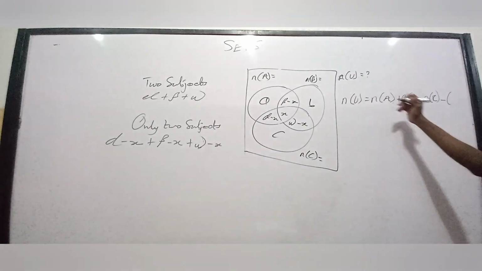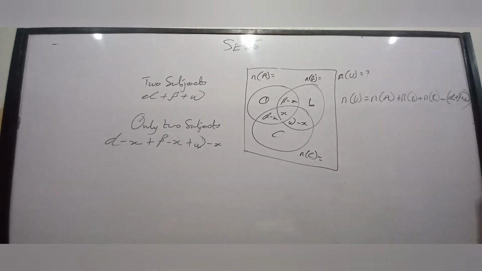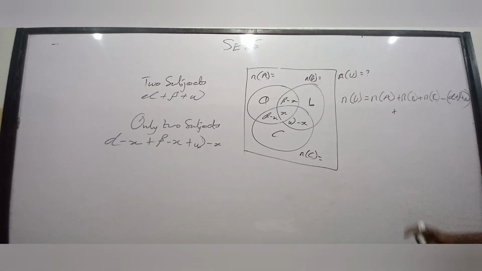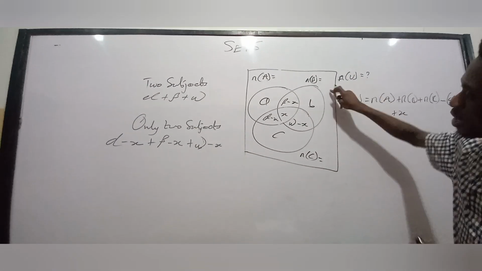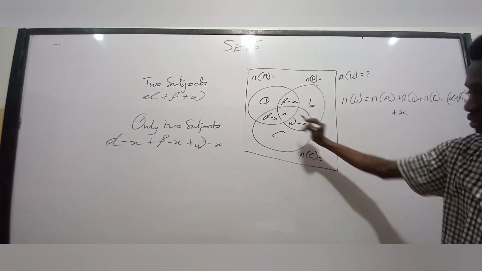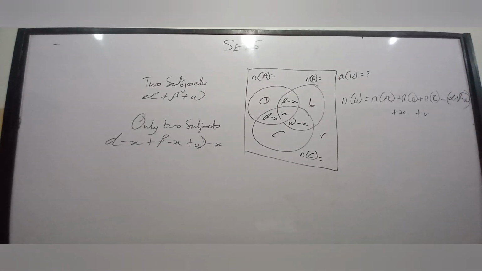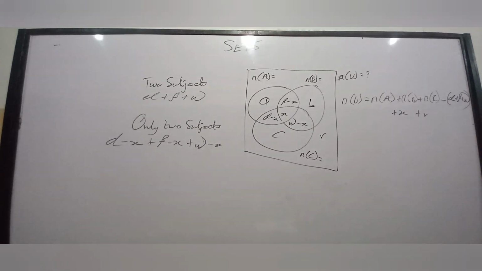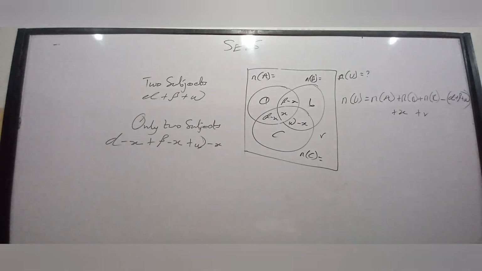So you subtract 2 subjects, which is what? The alpha, the beta, and the omega. So you add the totals, then you subtract those. Then you add the 3 subjects. And if there is anything in the Venn diagram but which is not here, maybe let's say there is an R outside, you add that R. So this is the formula. Do you understand? I'm saying that your totals, you add them all.